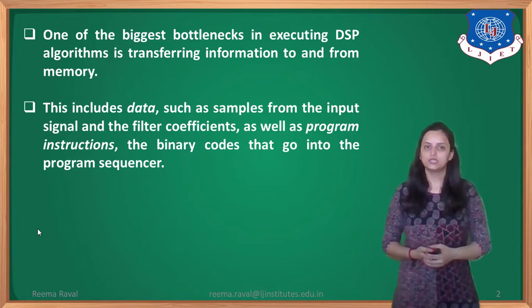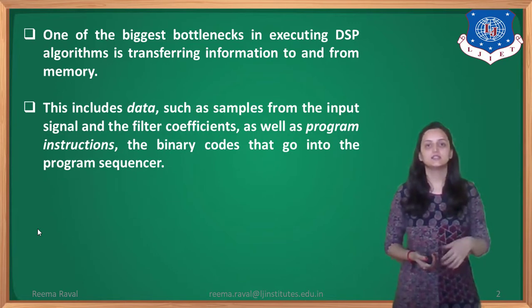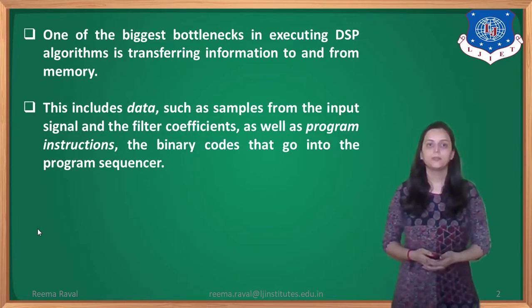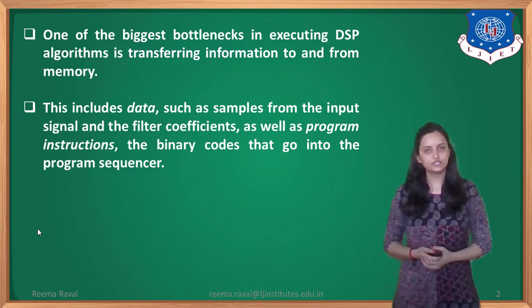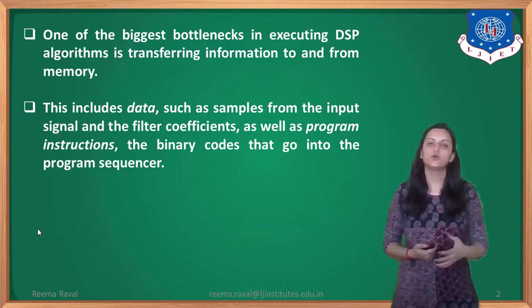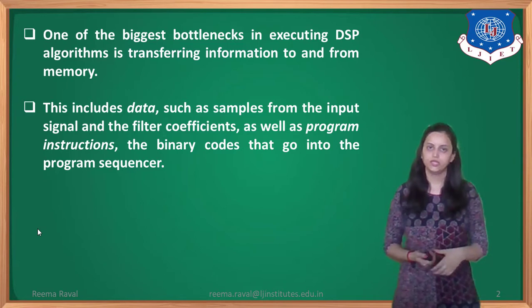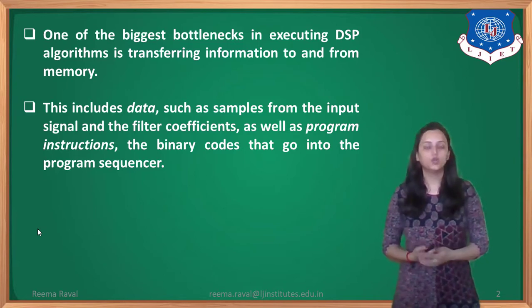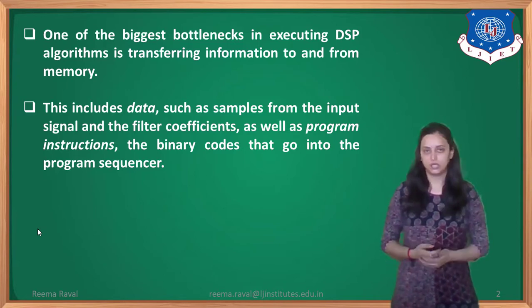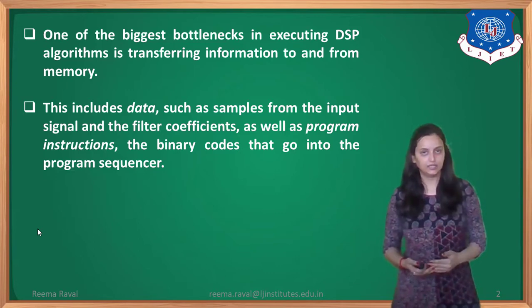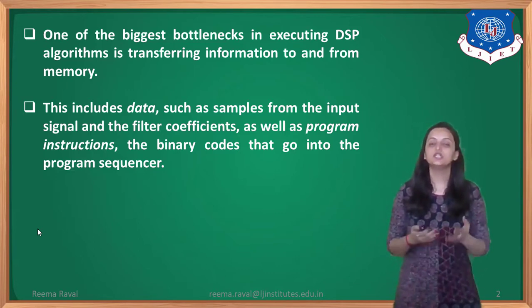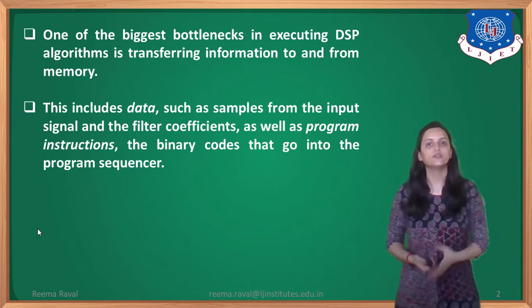This includes data such as samples from the input signal and the filter coefficients as well as program instructions, the binary codes that go into the program sequence. All of this has to be maintained correctly in order to ensure that the data is transferred efficiently.